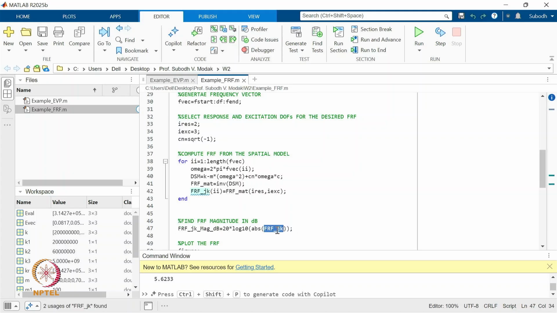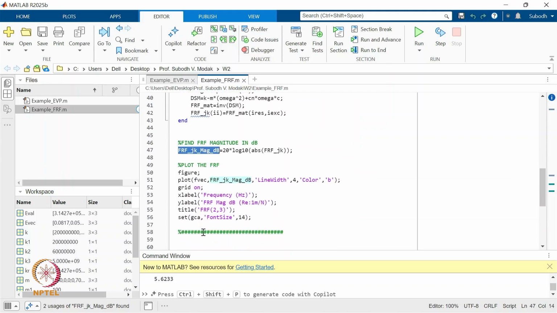So FRF jk we computed, then we take the absolute value of it so that we get the magnitude, because the FRF will be complex, as damping is there. In MATLAB that is the command, and then log 10 and then 20. That gives me the dB value of the FRF. Again, this FRF jk max dB will be a vector of dB values of FRF at different frequencies.